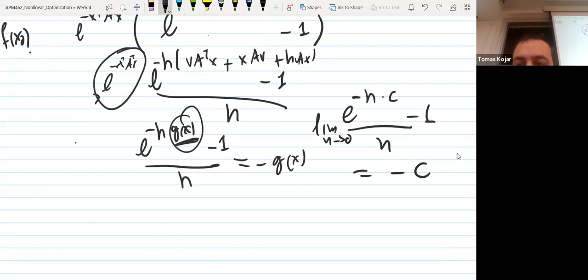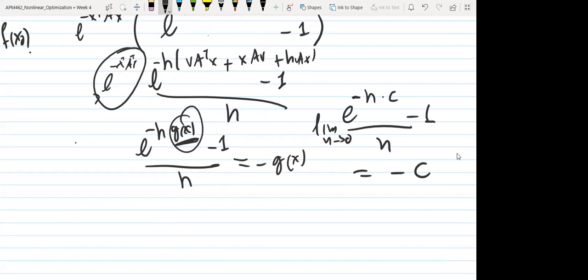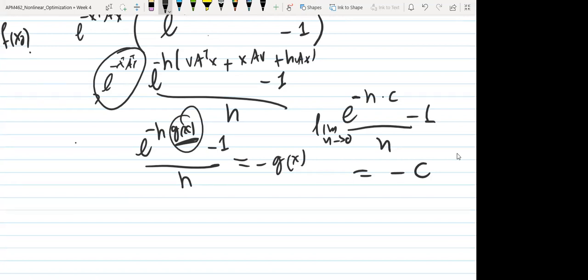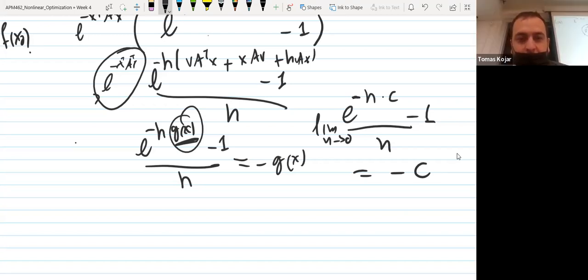You can do this with L'Hopital's rule. You take the derivative of both sides, right? Okay, good.